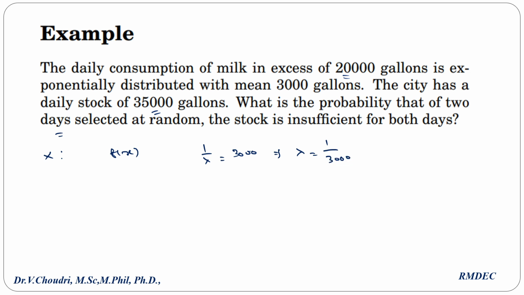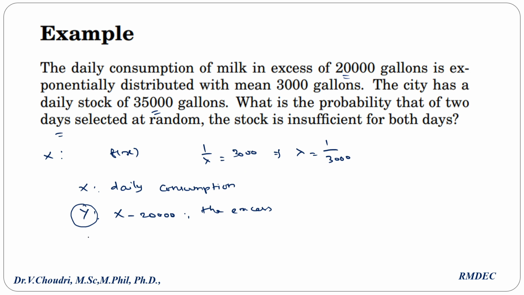What is the random variable? X is the daily consumption. Y is the excess, meaning consumption more than the base amount. So we subtract the base amount from the daily consumption, and the remaining excess is exponentially distributed with lambda equal to 1 by 3000.